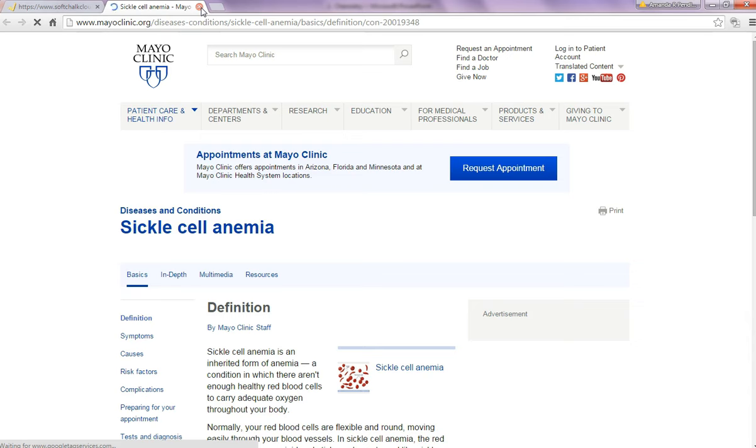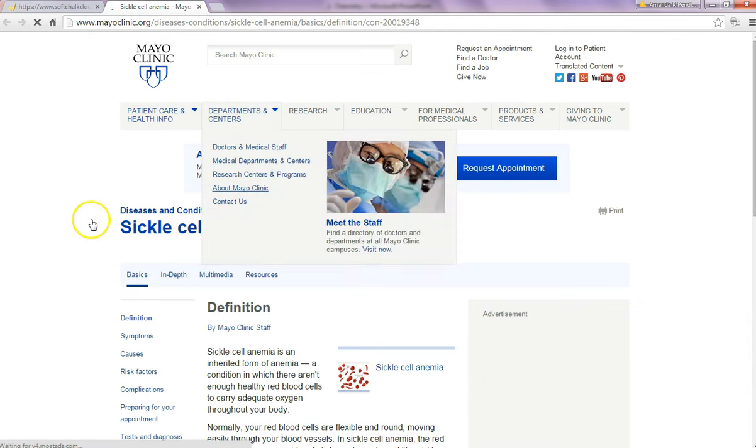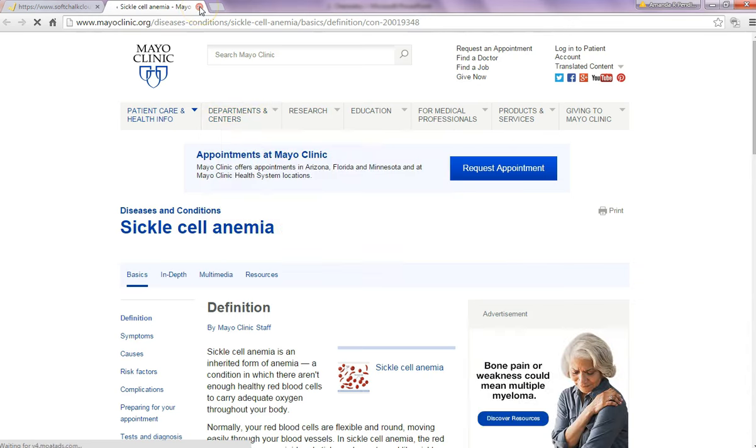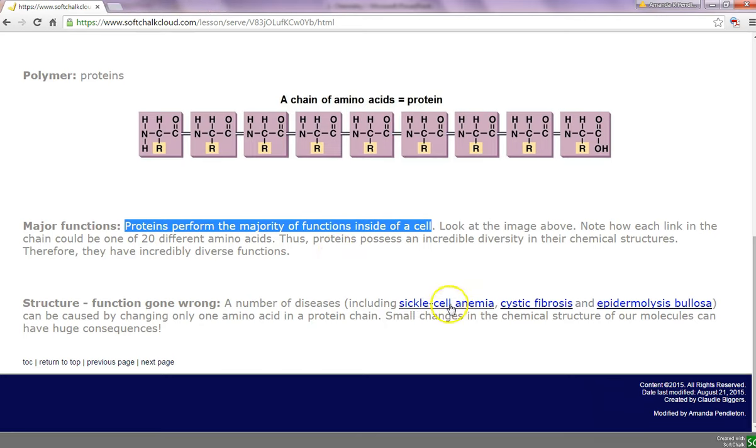You can click on these links, and it'll actually take you to more information at Mayo Clinic. Mayo is a great, reputable website for finding information about diseases, and so it'll take you there so you can learn more about diseases that are caused when just one amino acid has been changed.